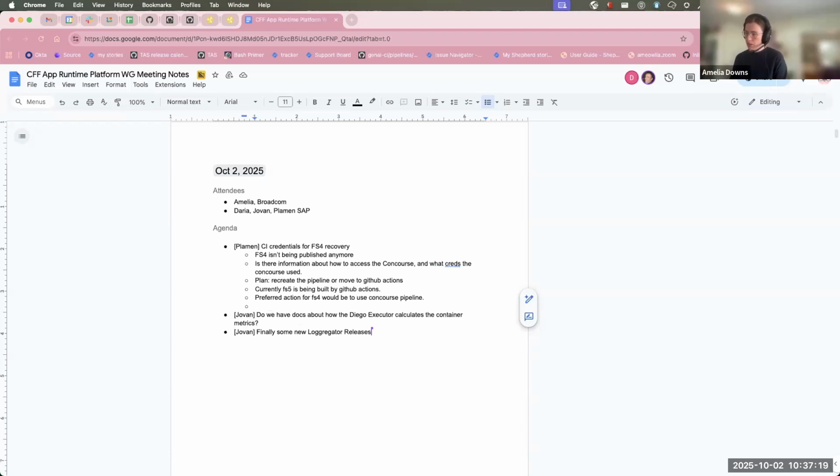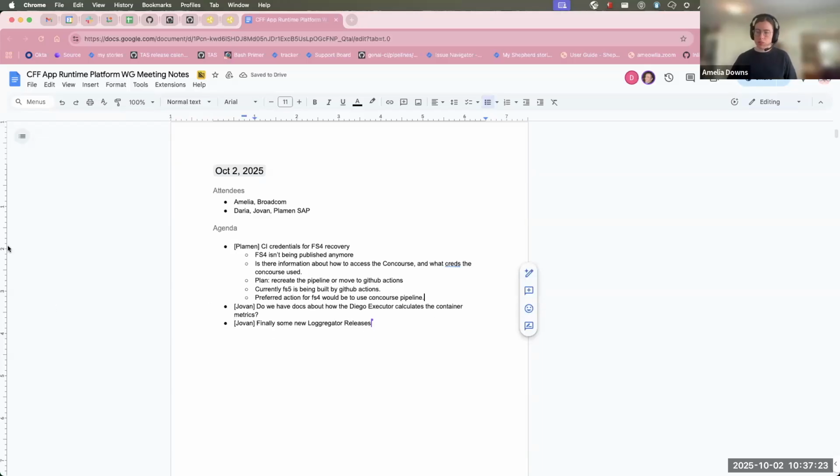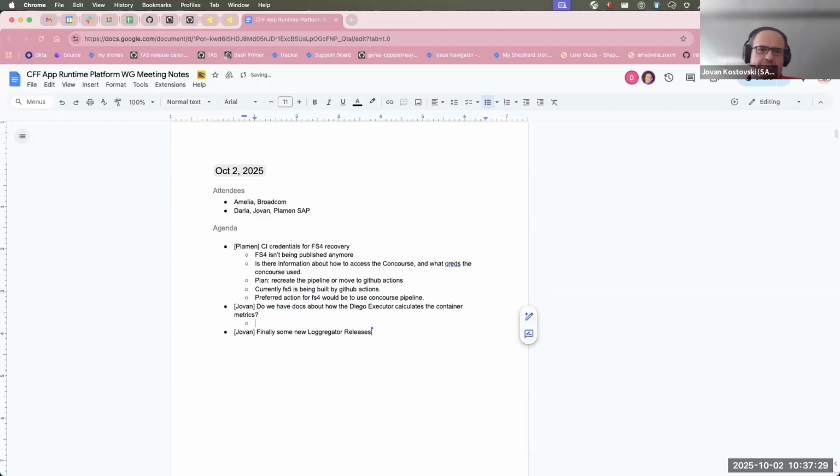Jovan, do we have docs about how the Diego Executor calculates the container metrics? Tell me more. I wanted to ask if we have some documentation, or if it is documented, because we have some colleagues here who are experimenting with the container metrics and how to deploy applications and what quotas to give them.